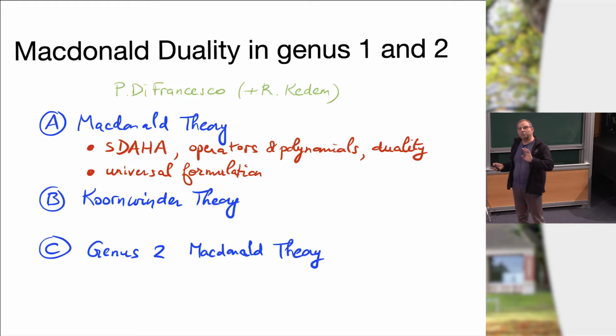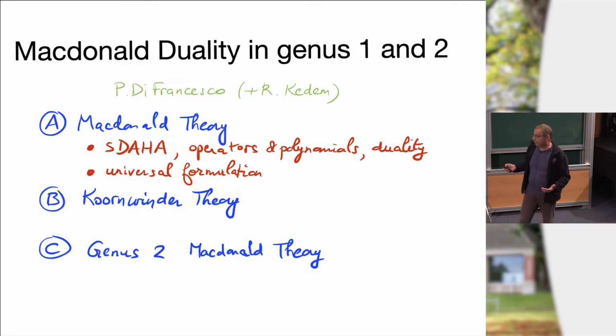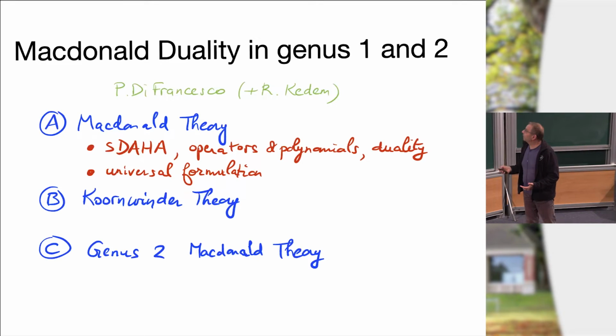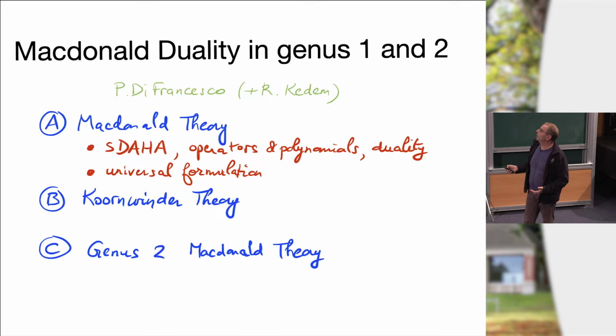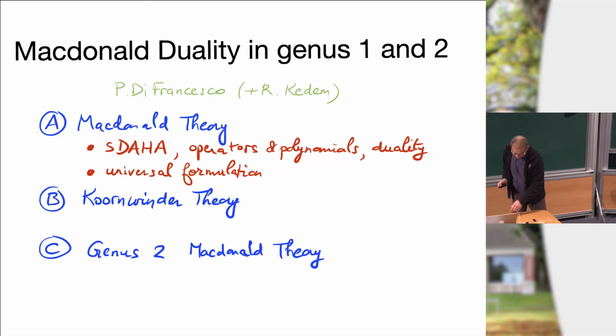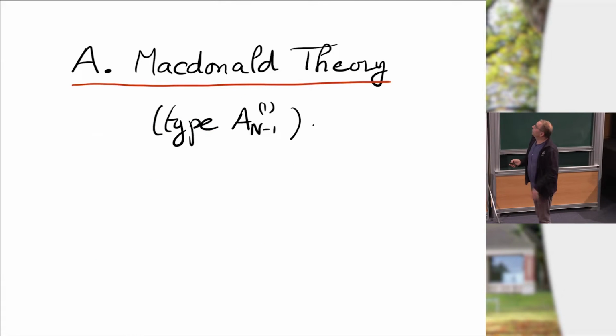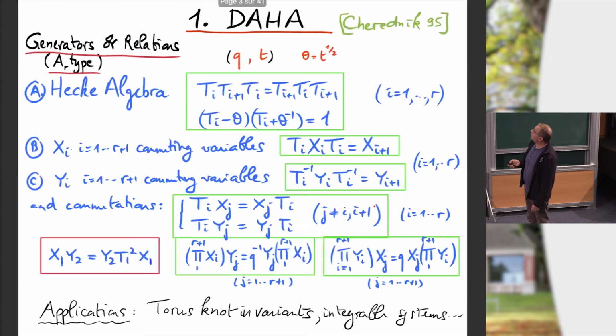They introduced it coming from very far away, from refined Chern-Simons theory, but nevertheless, there is a consistent theory of Macdonald polynomials in genus 2, and I'll show you that this notion of duality that I'm introducing here also goes over to that case. Okay, so that's the plan. So let's start with the good old Macdonald theory in type A.